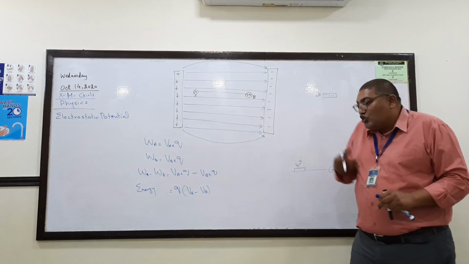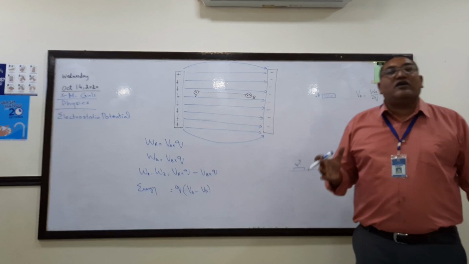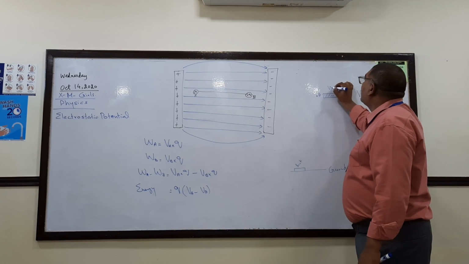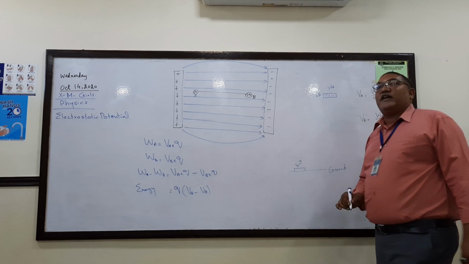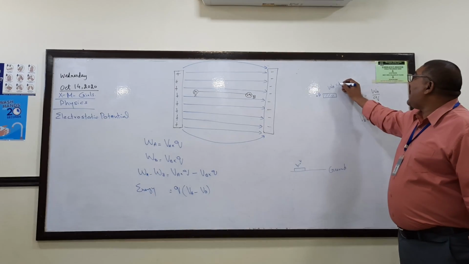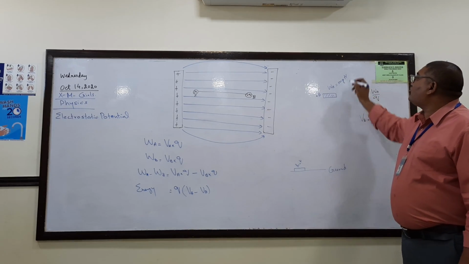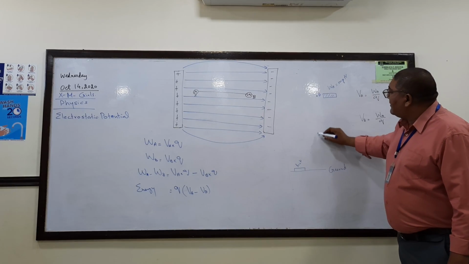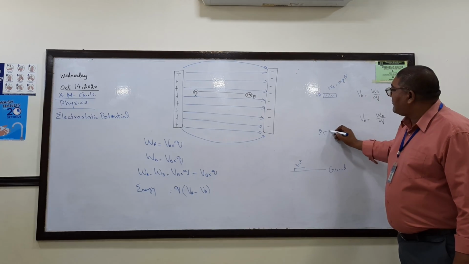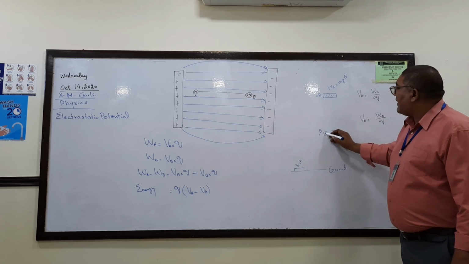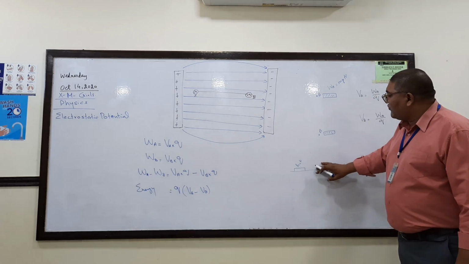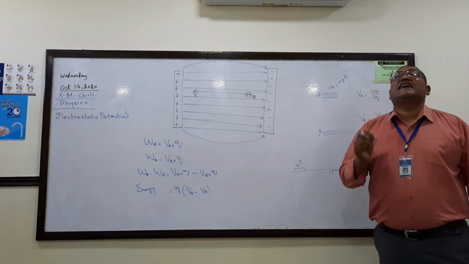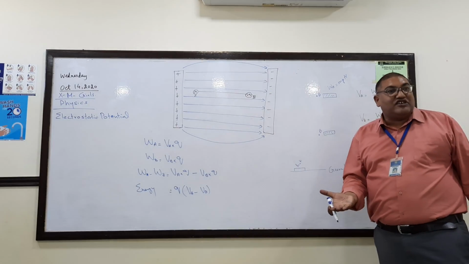So I have to do work on it, and that work is stored in it. Let me say that work is WA, and that is equal to MGH. I have a point here. Let me say this is point B. And if I want to move the brick from here to here, I have to work against the gravity. So I have to provide the energy.